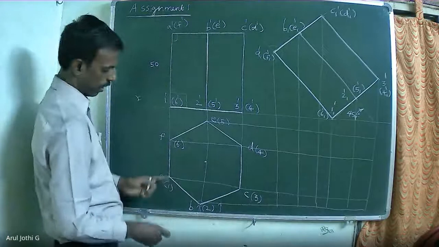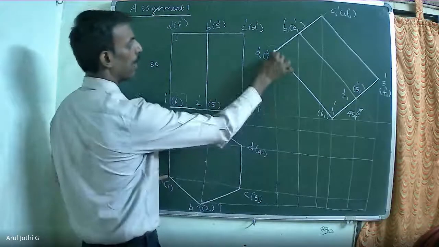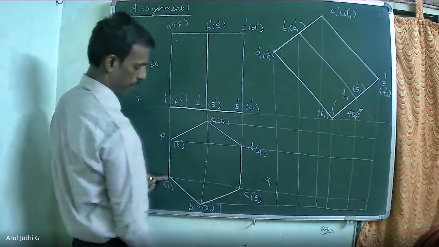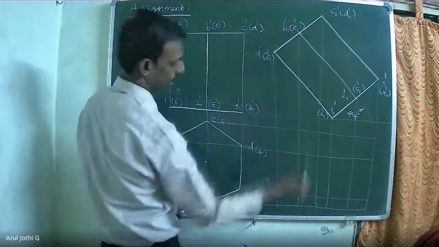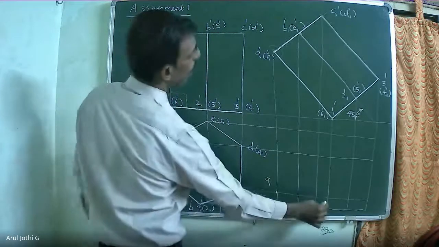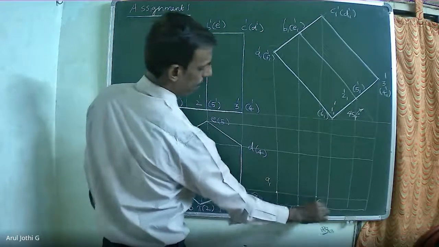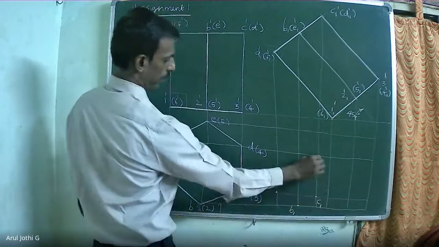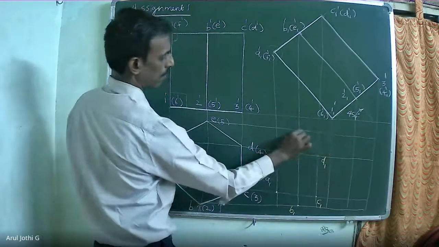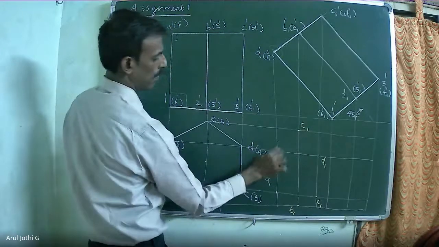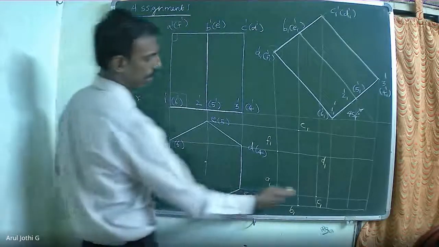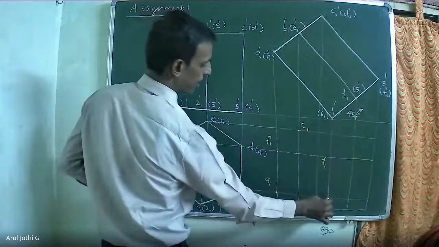First extend the corner point A and A1 dash. Both are intersecting, forming A1. Then extend corner point B and B1 dash. Both the corner points are intersecting, forming C1. In the same way, extend the corner point 1 horizontally and 1, 1 dash vertically.